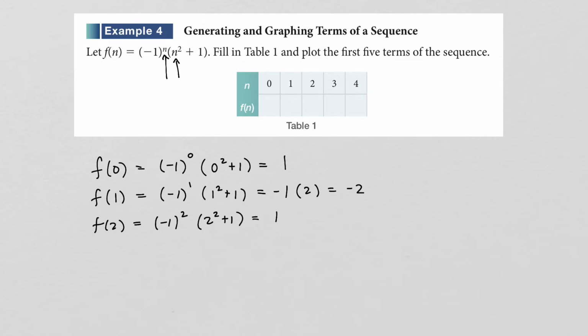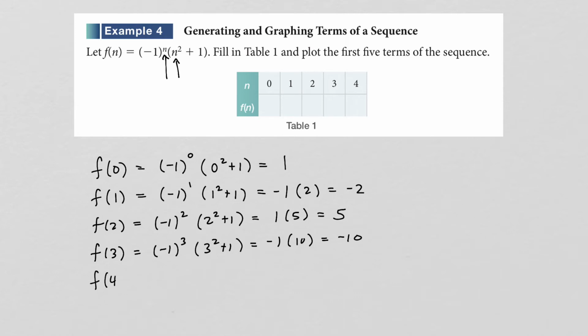So this is going to be +1 times 5, which is 5. f of 3 is -1 to the 3rd power times 3 squared plus 1. So this is -1 multiplied by 10, which is -10. And finally, f of 4 is -1 to the 4th power times 4 squared plus 1, which is +1 times 17, which is 17.